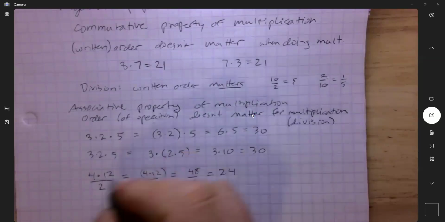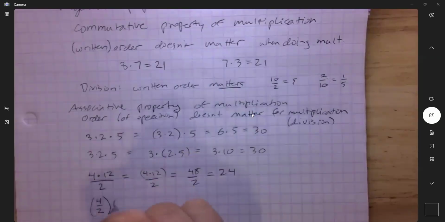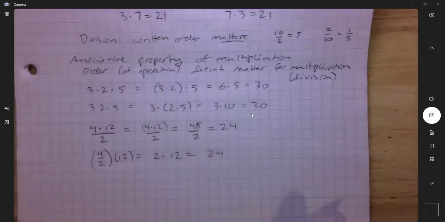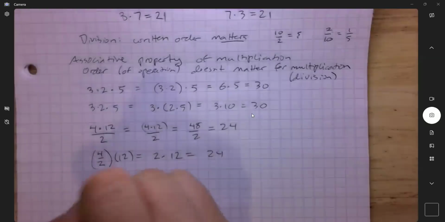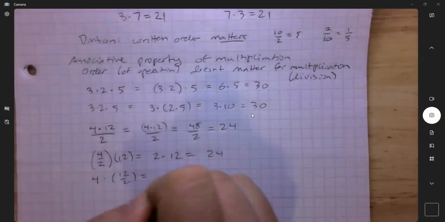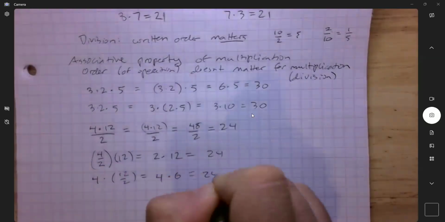Or I could do 4 divided by 2 and then times 12, which is 2 times 12, which is 24. Or I could do 4 times 12 divided by 2, which is 4 times 6, which is 24.